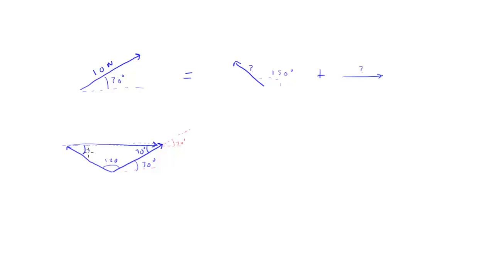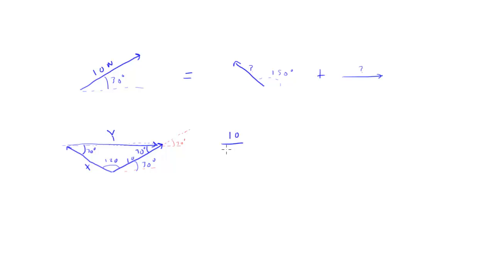That means this is 30. And now we can say, what is the magnitude here? And what is the magnitude here? So here it's actually not too bad. Oh, sorry, this is 10 right here.